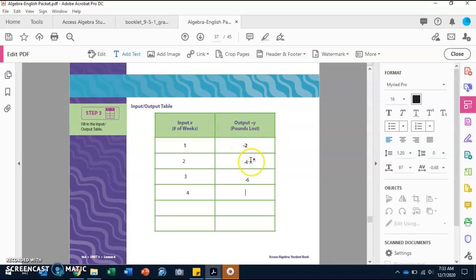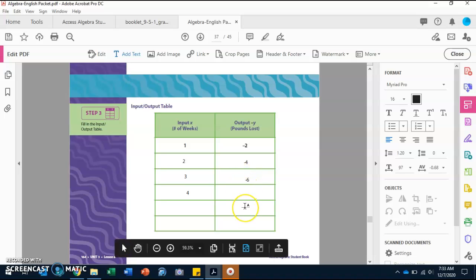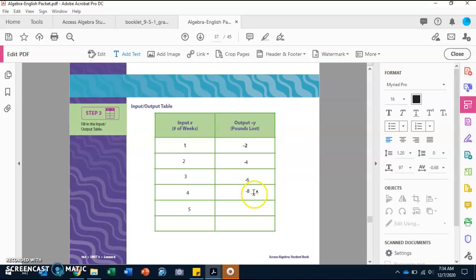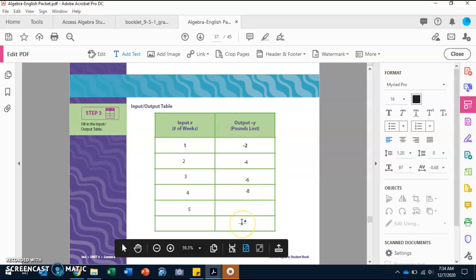We're going 2, 4, 6. Yes, -8. Now week number 5. What comes next? 2, 4, 6, 8, -10.